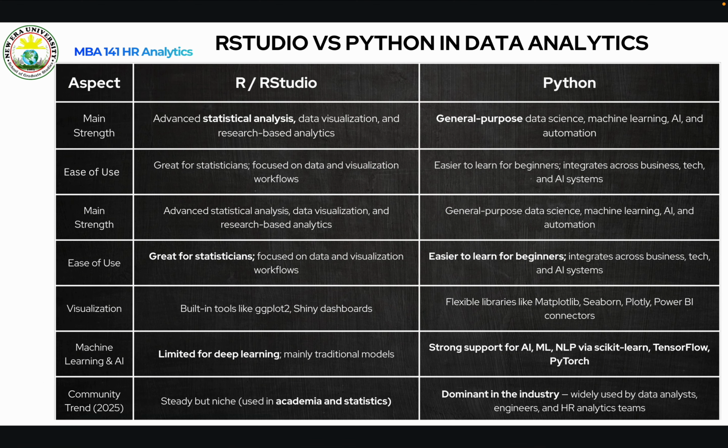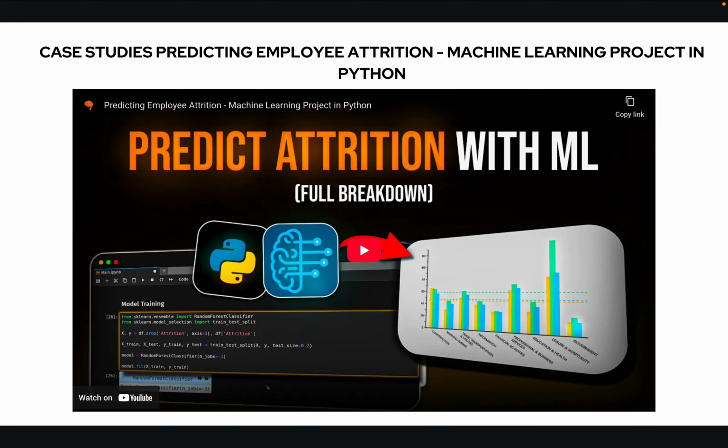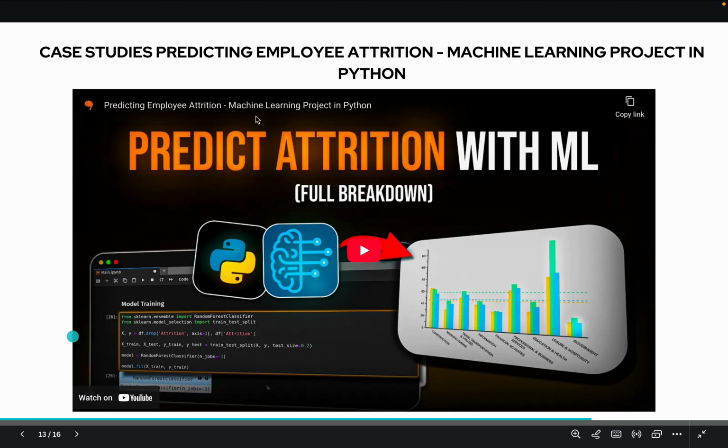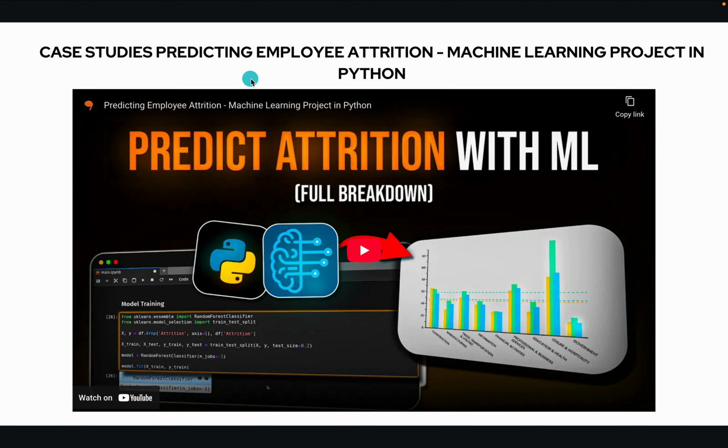Moving on to the next slide is the embedded video of a sample case study using Python machine learning. The model is employee attrition. I will provide the link.